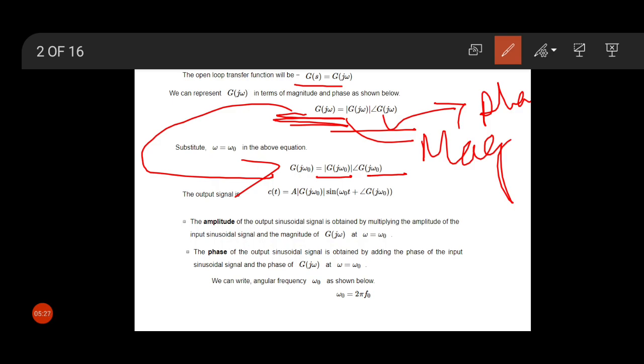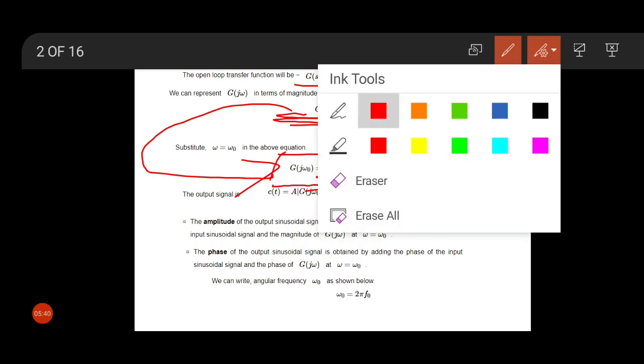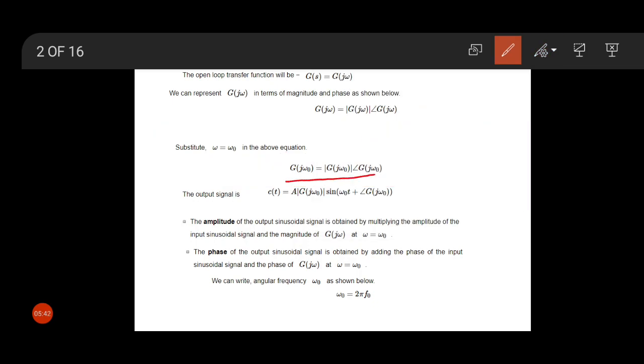So this is our open loop transfer function, and we can represent it in this way.